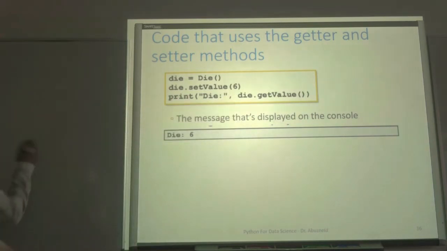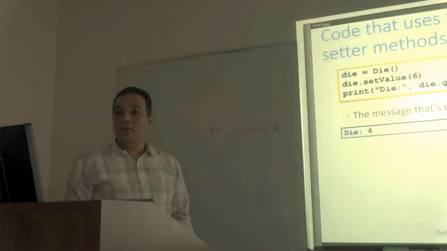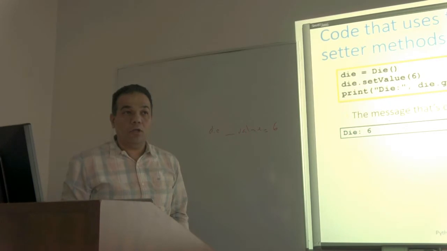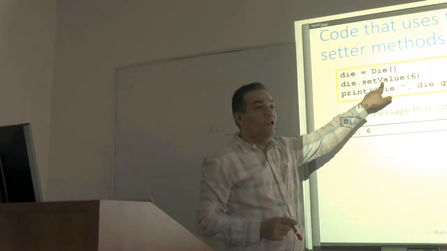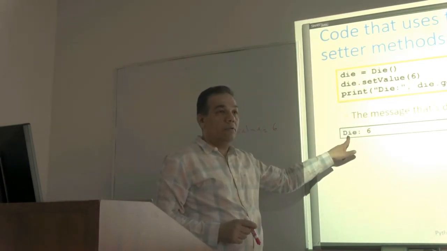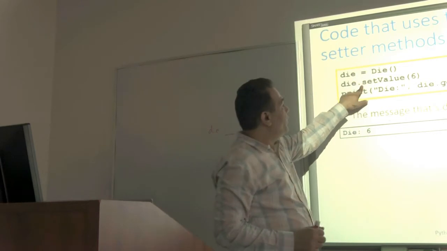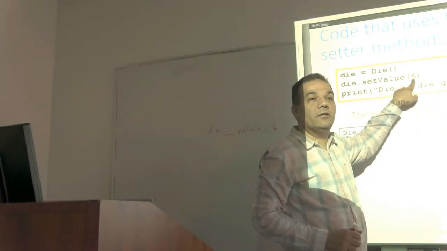Can I say, for example, die dot value equals 6, like this? I can't anymore. I can't use the assignment. I have to call the setter to do that. If I do set value 10, I put 10 in here, what will I get?